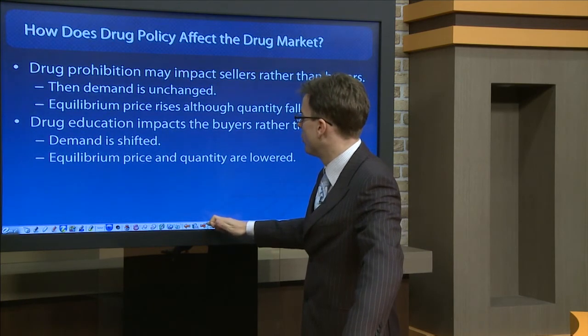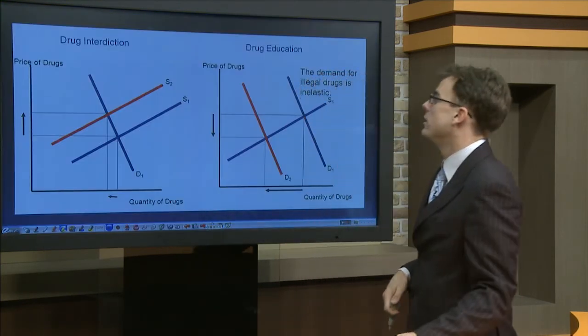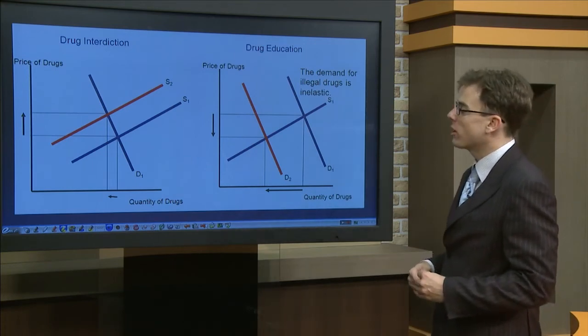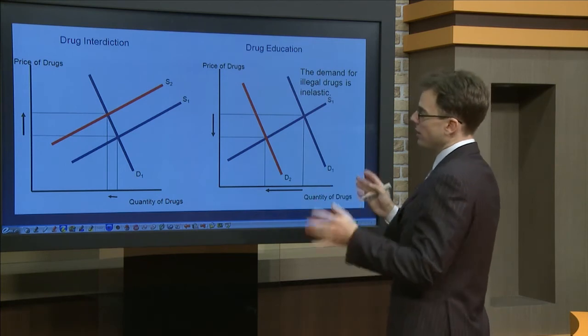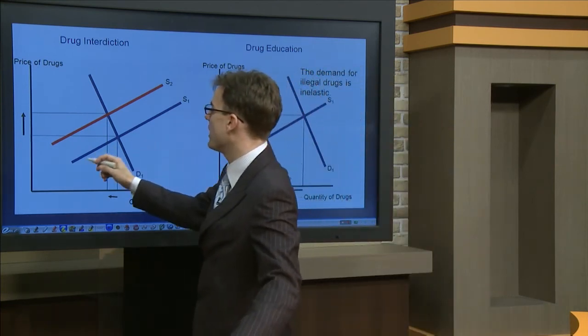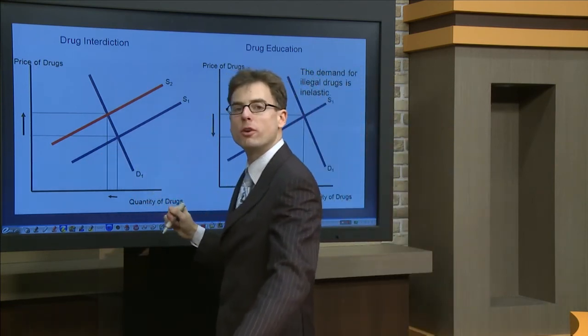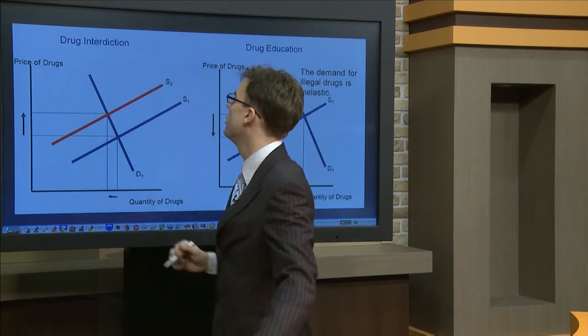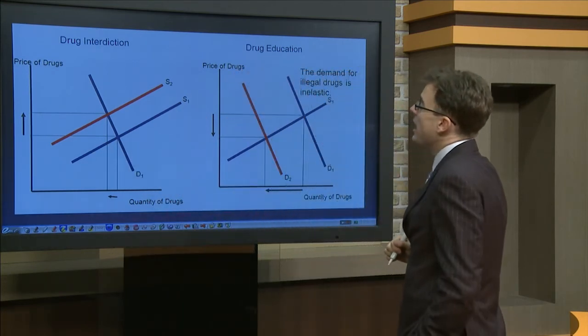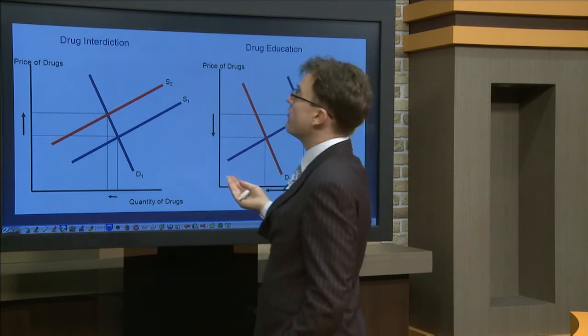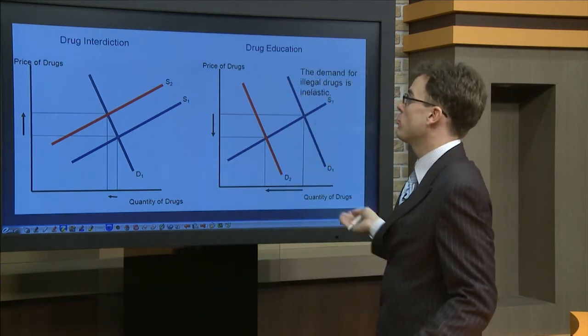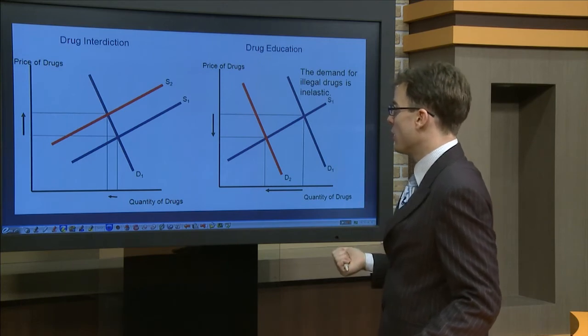As another example, let's look at the market for illegal drugs. We start by looking at the demand curve for illegal drugs and the supply curve for illegal drugs, and we might evaluate 2 possible government policies dealing with illegal drugs.